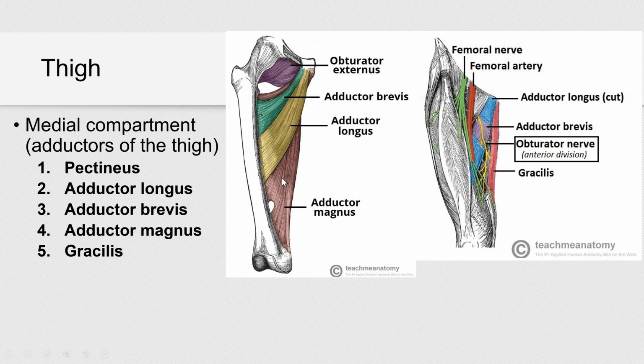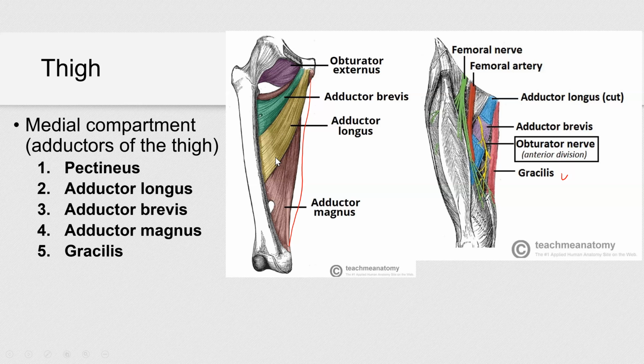I like this picture because you can see important structures also located in this area. We have femoral nerve, we have femoral artery, and we have obturator nerve, right? So adductor longus here is cut. Right, adductor brevis, adductor magnus cannot be seen, but you can see gracilis.